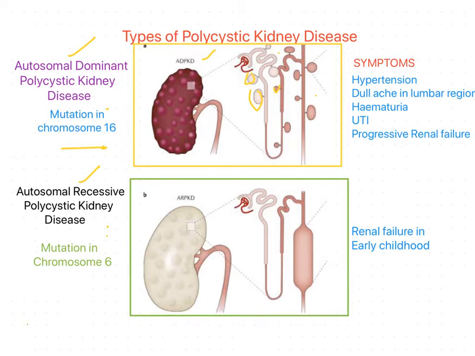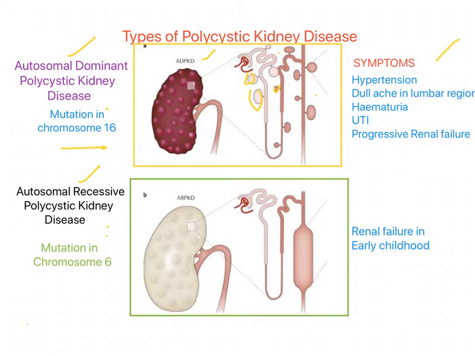These cysts do not communicate with the pelvis. In this type, the kidneys are abnormal at birth, and renal function is retained, but the symptoms appear in adult life between the ages of 30 to 50 years.